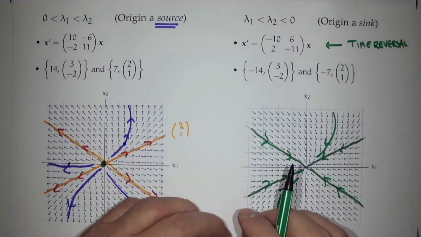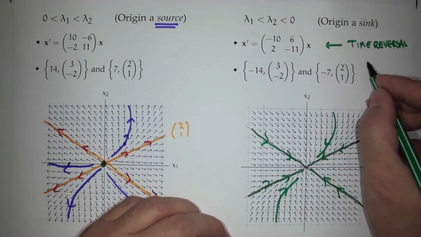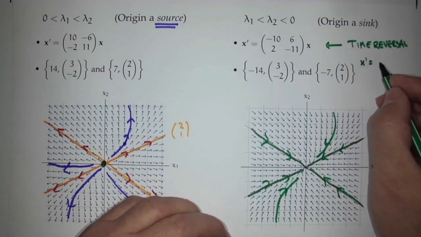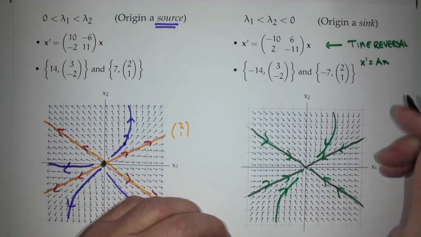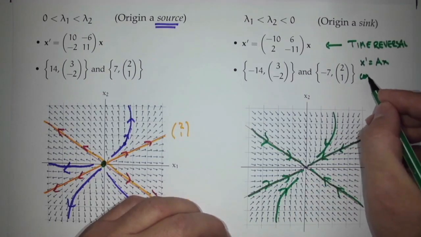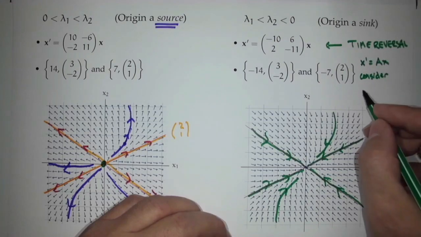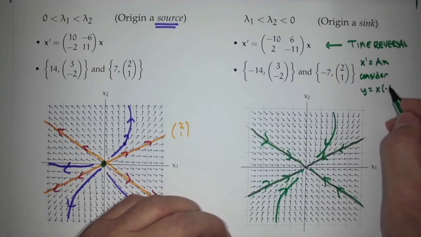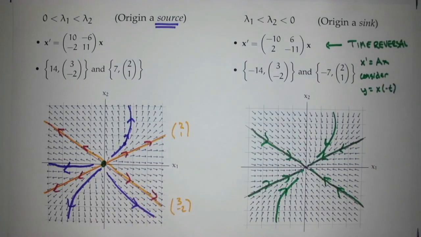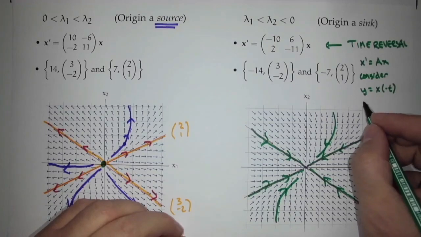And you might say, well, wait, how does that work? Well, suppose I look at our equation x prime equals Ax. And consider our new function, we'll call it y equals x of minus t. So the only thing that y does is it has time go opposite to what we expect. So that's what we mean by reversal. Time flows in the opposite direction. Well, what can we say about y prime?